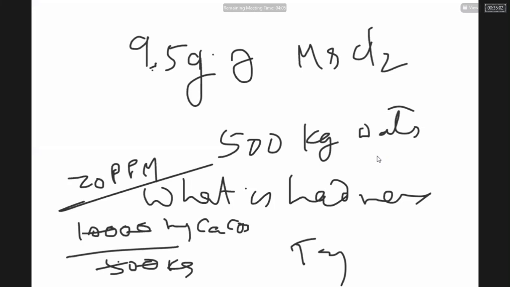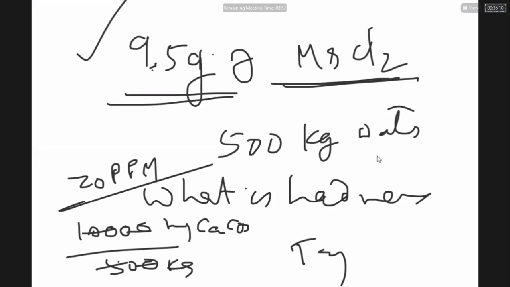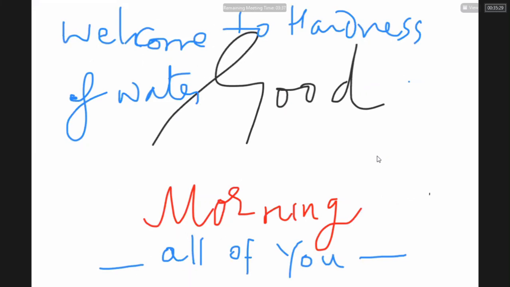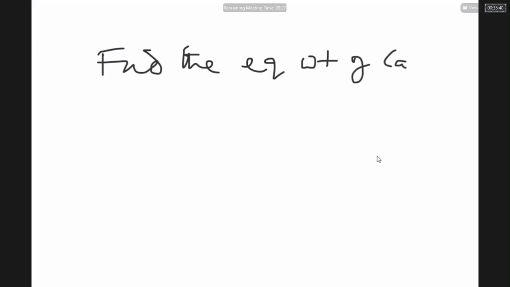So first you do forward. Forward is convert the molar mass of given salt into that of CaCO3. Then find out the weight of the salt corresponding to the weight of CaCO3. Express this in milligrams, divide by weight of water in kg. There are 3 steps. Step 1, find the equivalent weight of CaCO3.